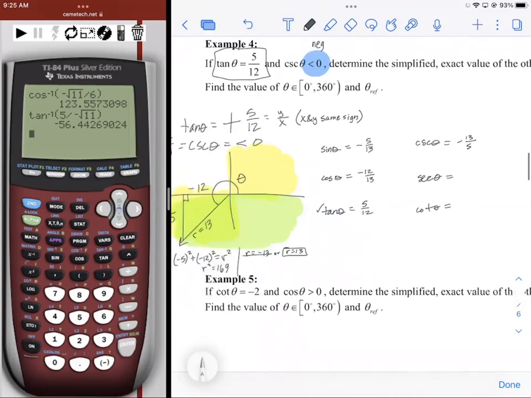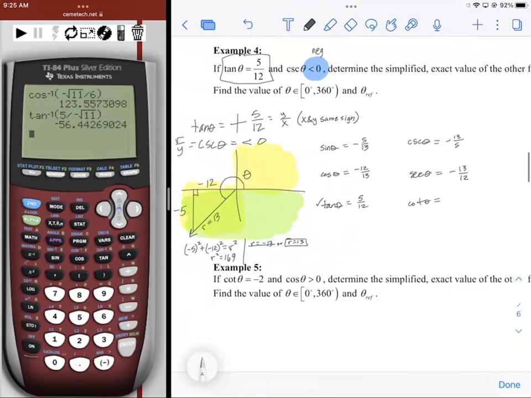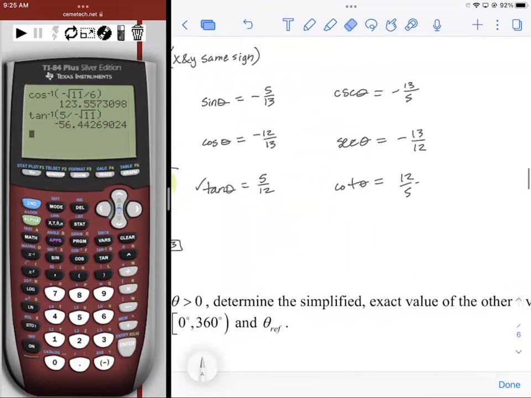Secant is r over x, so that's 13 over -12, or -13/12. And that is the reciprocal of cosine. Cotangent is x over y, so that's -12 over -5, which is 12/5. And that is the reciprocal of 5/12. So comparing it to the first column, they should be reciprocals. When they are, that means you've set it up and you're doing it right so far.